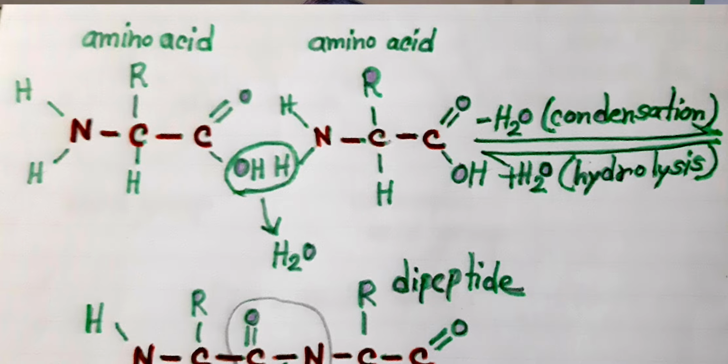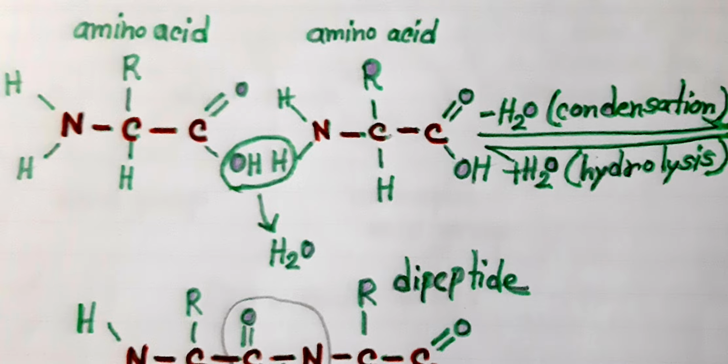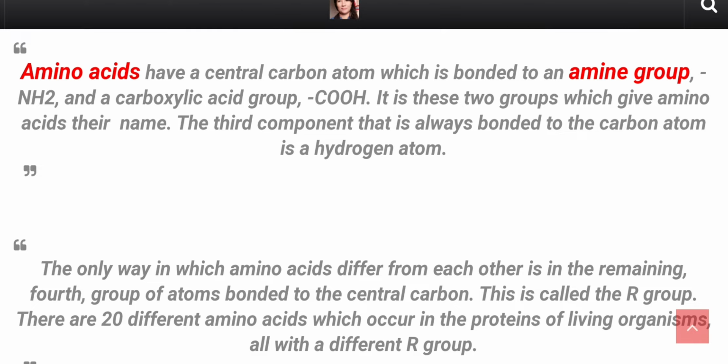The third component always bonded to the carbon atom is a hydrogen atom. The only way in which amino acids differ from each other is the fourth group of atoms bonded to the central carbon. This is called the R group.